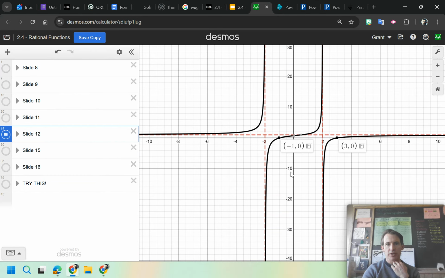Okay? So when we test, you just go ahead and input into your function very big values of x and very small values of x, and you find your horizontal asymptote behavior. And then let's just test around one of them. Let's test around 2.